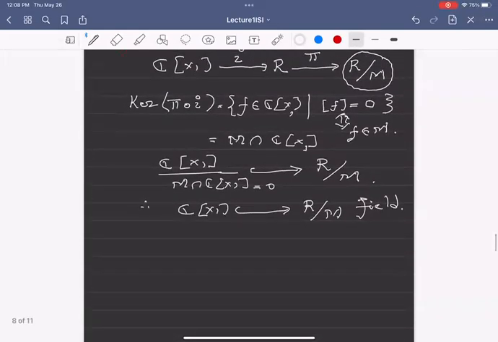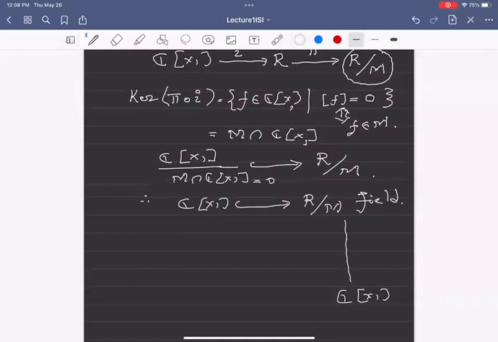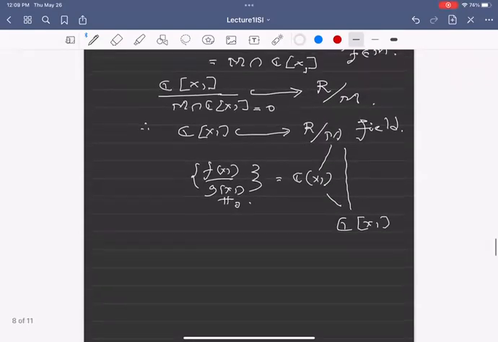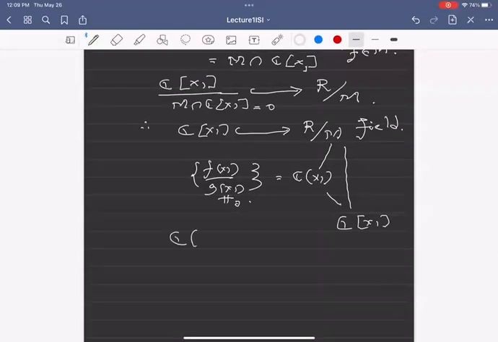But you see, this polynomial ring is contained in this field R mod M. So it will contain all rational functions also, because every polynomial is invertible in R mod M. Every nonzero polynomial in C[x1] becomes invertible in R mod M. So if I take all rational functions in x1, this is the field of rational functions in one variable, this will also be contained in R mod M. So C(x1), the field of rational functions in one variable, injects into this field.